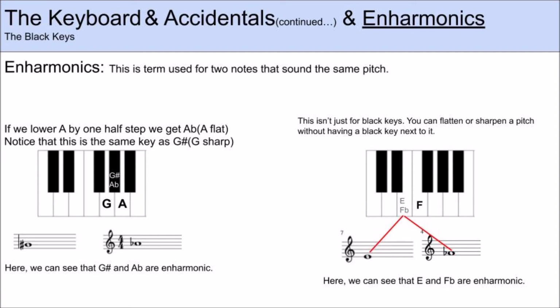But what happens when you flat the pitch A? You get A flat, and that takes it down to the black key on the left of A. This is the same key on the piano. G sharp and A flat are the same pitch.